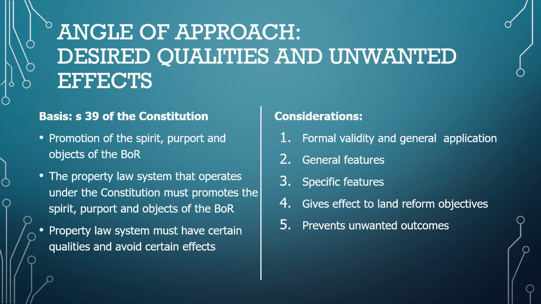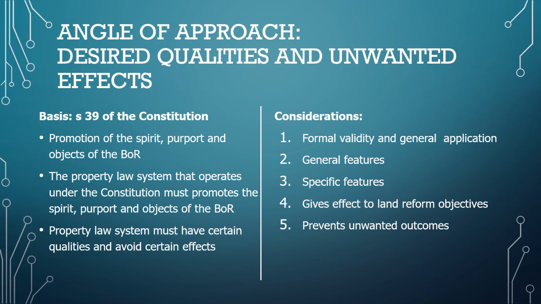So it would then not be an appropriate source in the sources of property law, and in that regard we will have to think about how we're going to make sure that it's aligned with the Constitution, so thinking about development, or interpret it in a way that it can still be acceptable in the constitutional dispensation.